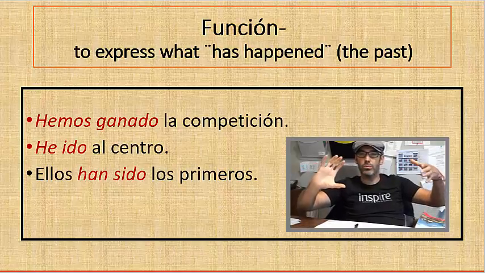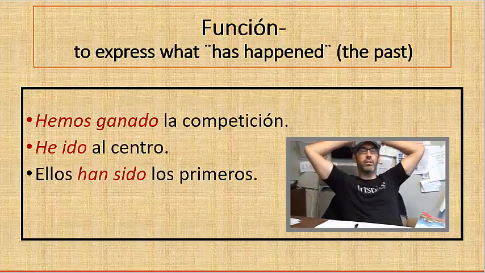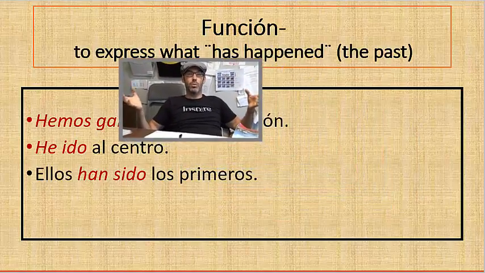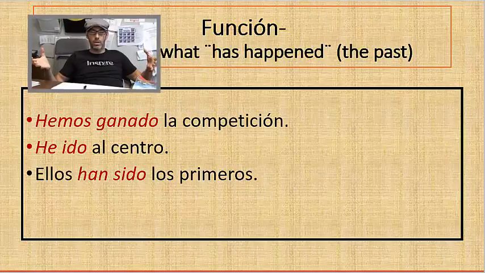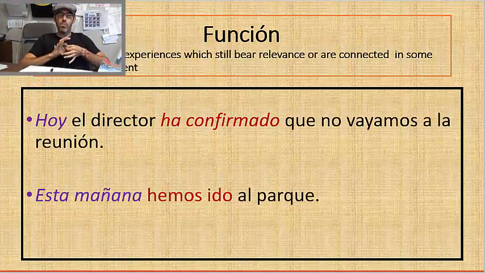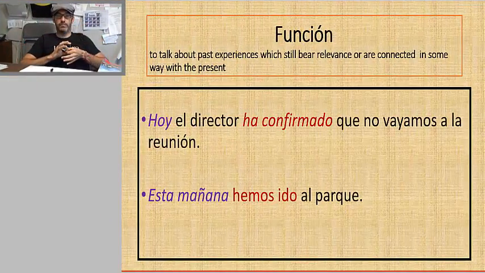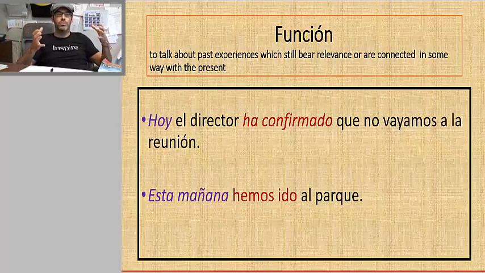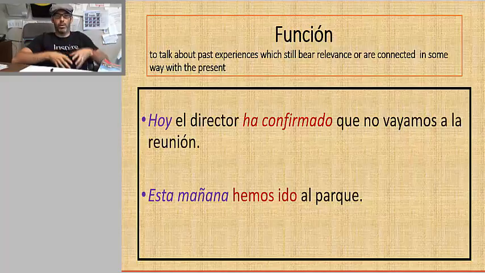Here's a little twist to the pretérito perfecto: we use it to talk about past experiences which still bear relevance or that are connected in some way with the present. Okay? So somehow these experiences that have happened have some type of connection to our today, to our present. So, hoy el director ha confirmado que no vayamos a la reunión.